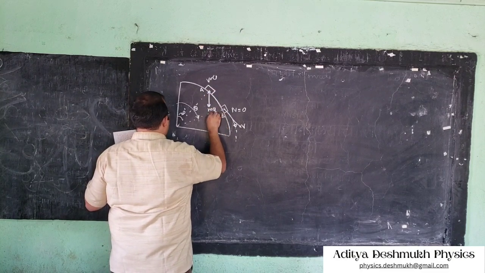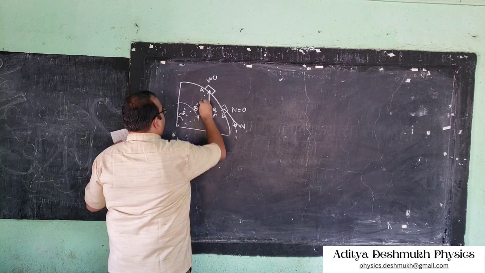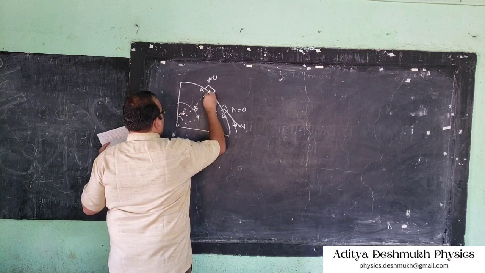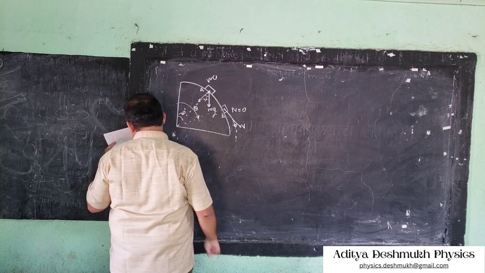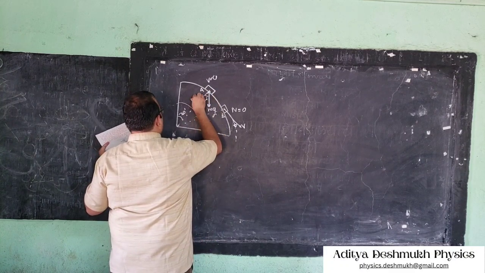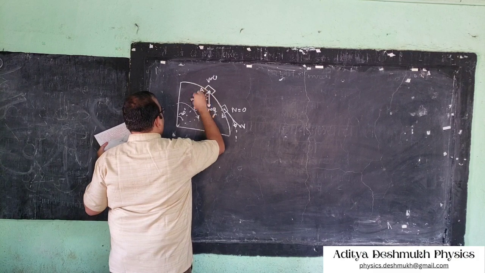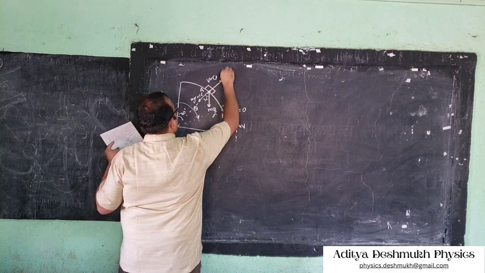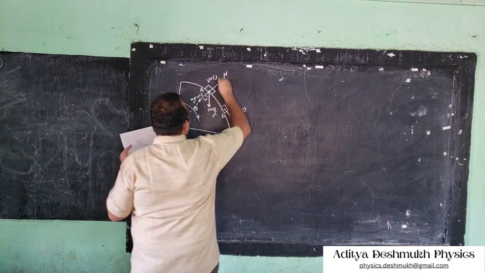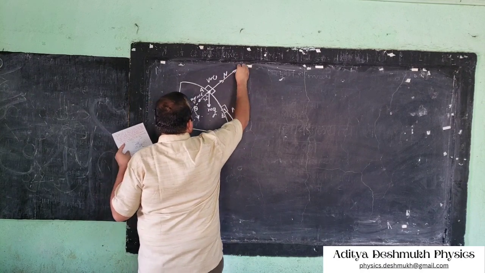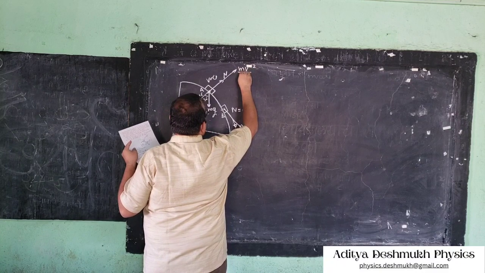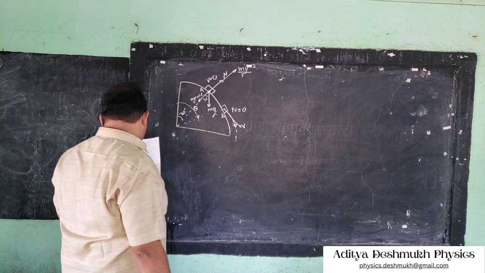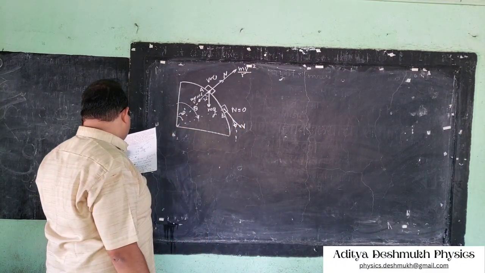If this is mg, this angle will be theta. So this will be my mg cos theta. This will be my normal reaction, and if I use the principle of centrifugal force, this will be my centrifugal force.